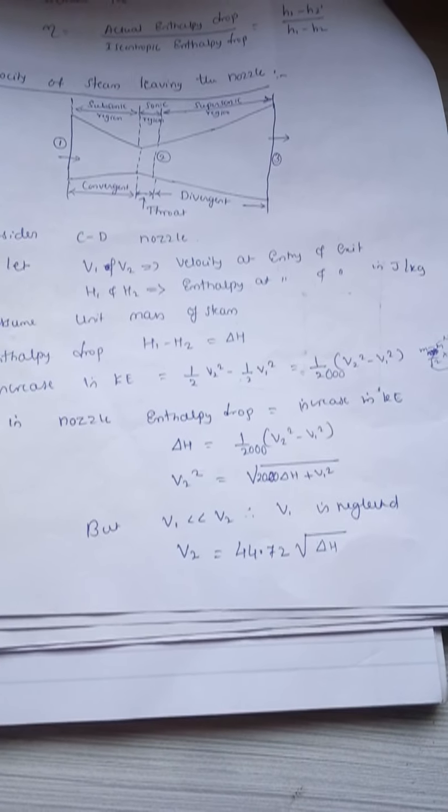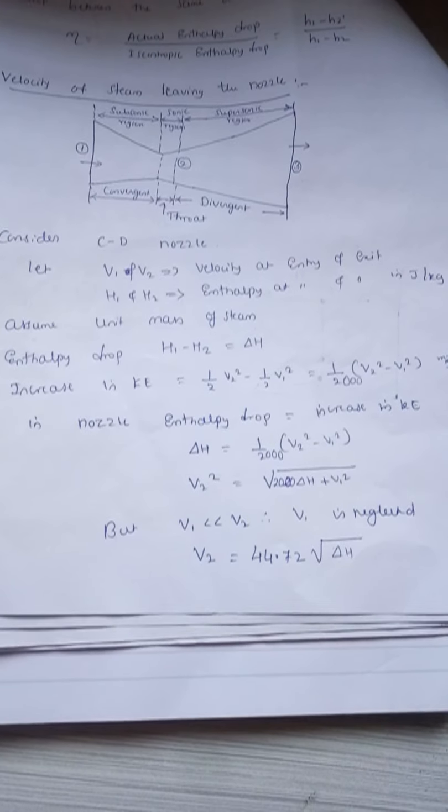I want the derivation for the velocity of steam leaving the nozzle. V2 is leaving here. So V2 is equal to root of 2000 delta H plus V1 square. If I consider what the V1 velocity was initially, I said it is subsonic, and the velocity at the nozzle exit is supersonic.